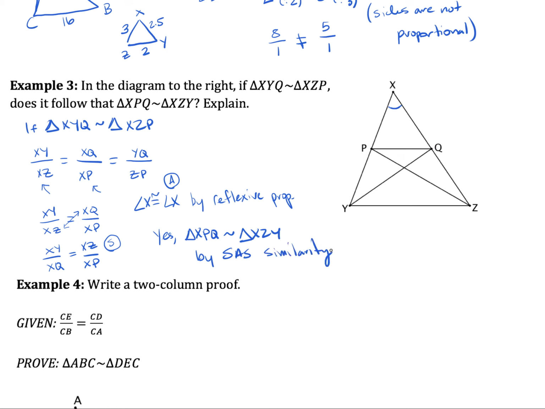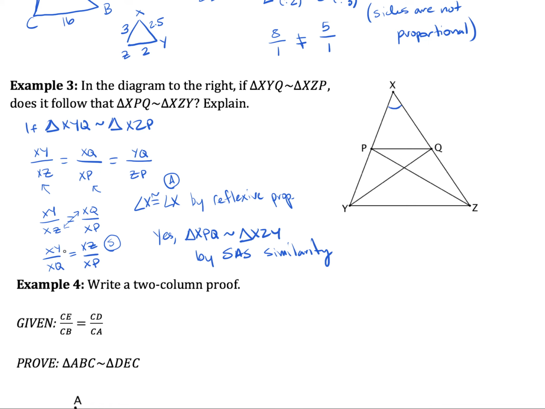We use this information over here from the given similarity, the fact that these three ratios were all equal to each other because of this similarity. We pulled out a couple of those ratios that involve sides of these two triangles, and we used a little mathematical trick to flip-flop two of the terms, and it turned into a comparison of one set of corresponding sides to another pair of corresponding sides.